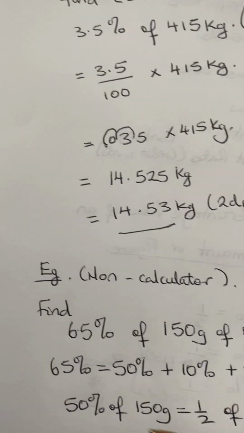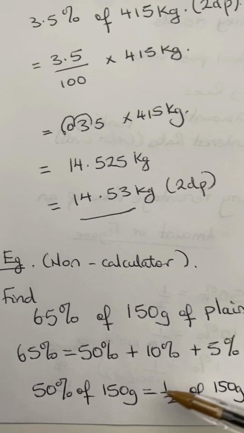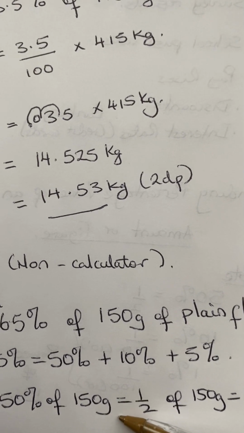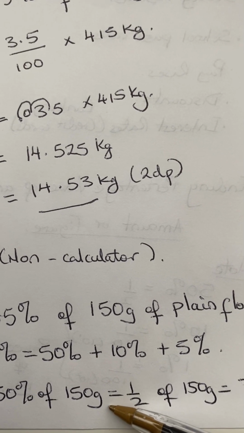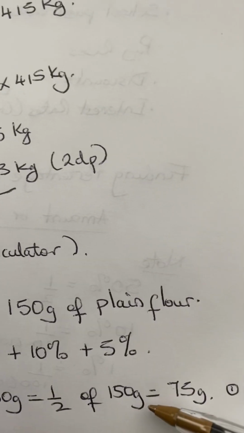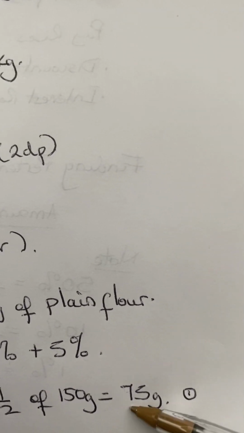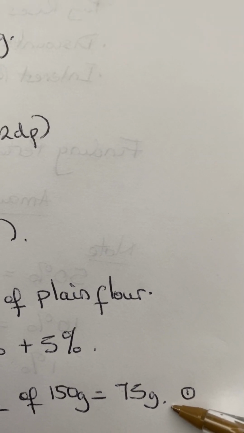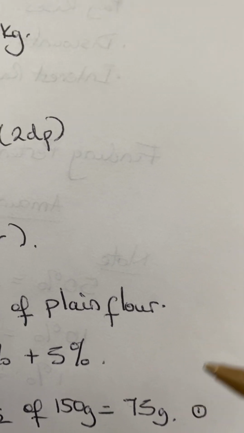Okay, so 50% of 150 is half of 150 grams. So half of 150 grams equals 75 grams of plain flour. That is half.